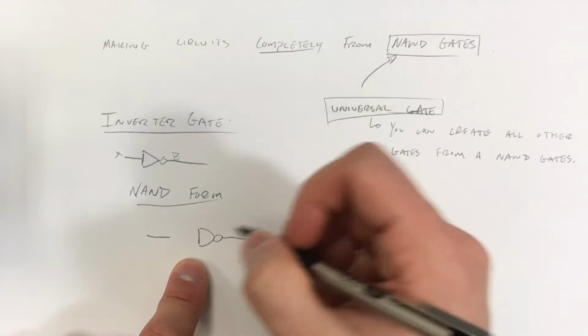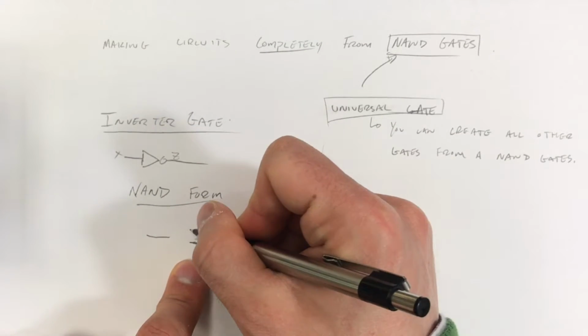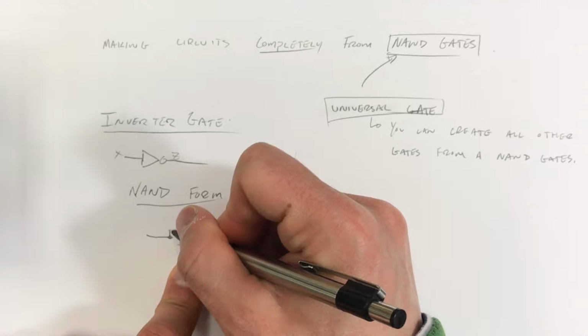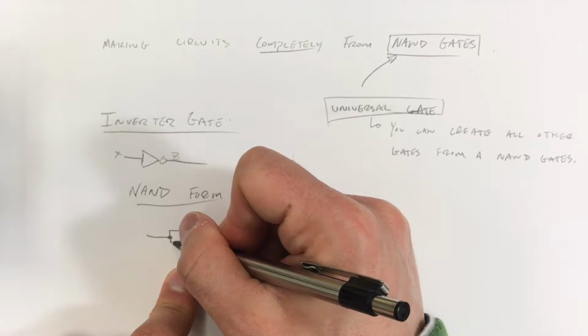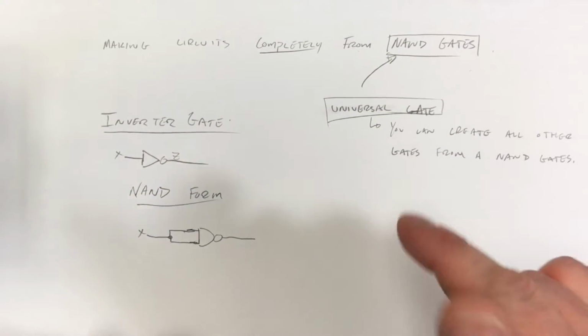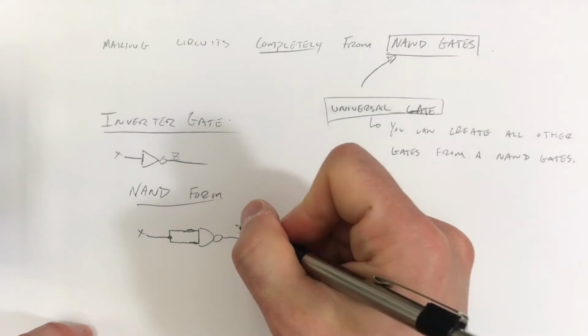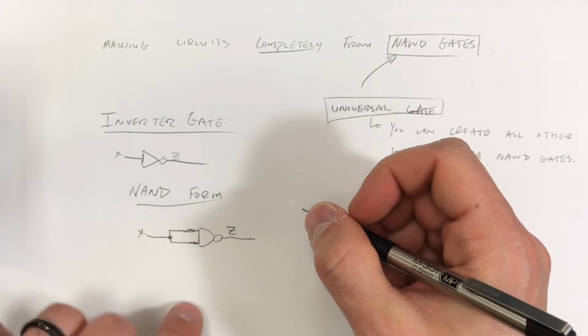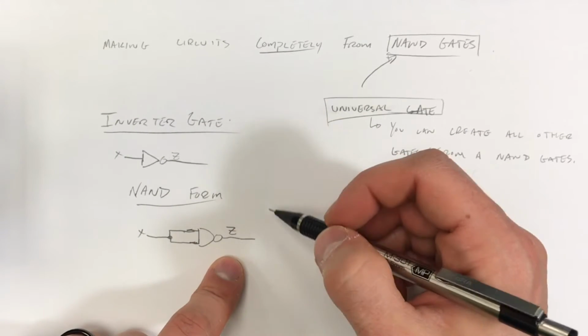But an AND gate has 2 inputs, so we have to have 2 inputs coming in. We're just going to split X and send it into both inputs of the NAND gate, and it comes out as Z. But what is Z? Let's figure it out real quick.